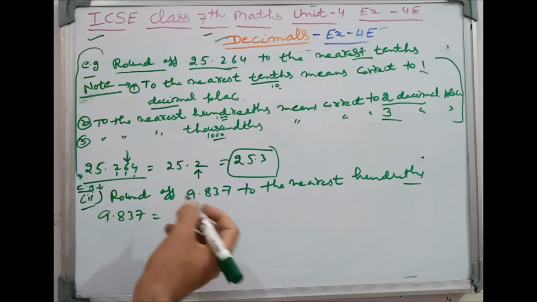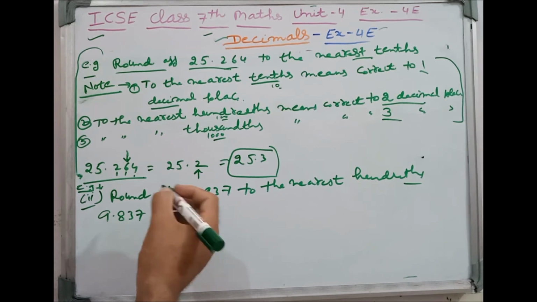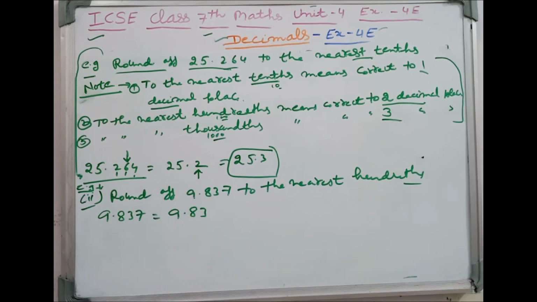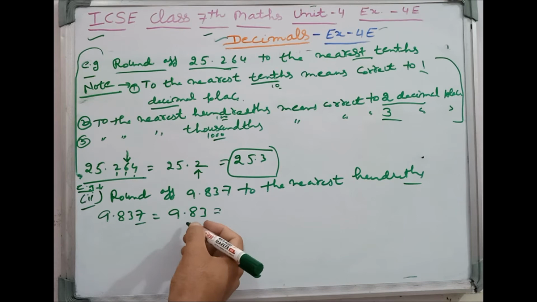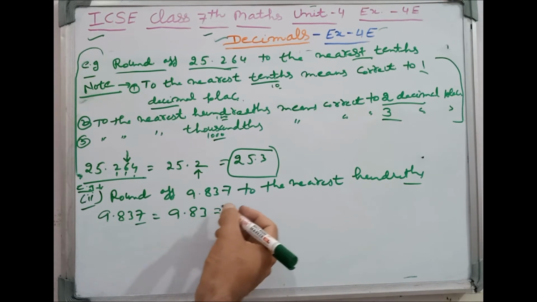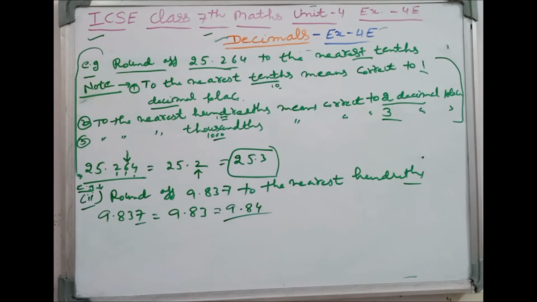Hundredths means two decimal places. So our required number will become 9.83. Now see the third decimal digit. It is 7. Is 7 more than or less than 5? It is more than 5. So we will add 1 to the last digit. So our answer will be 9.84.